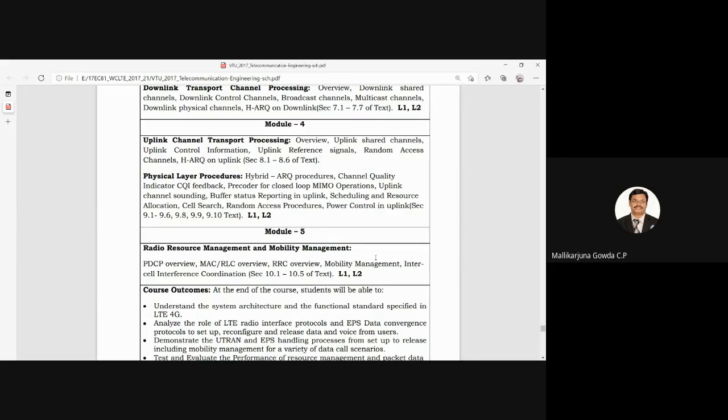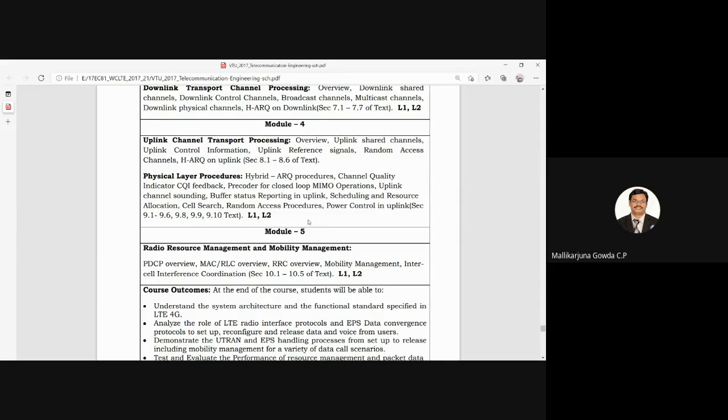This is just a brief glimpse of the content of your subject. There are 5 modules. Module 5 seems simple, but it is not. Most things are theoretical and we'll be able to understand in an easy way.